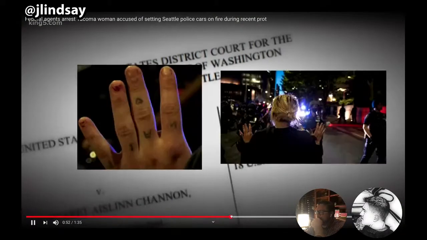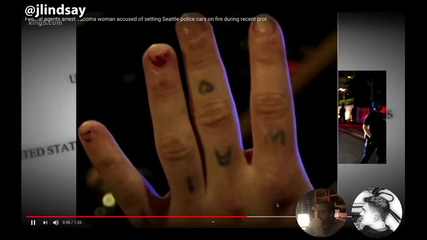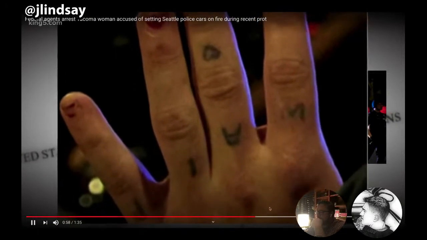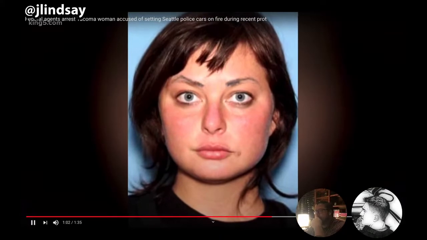I'm all for peaceful protesting that's going on right now, but the whole anarchy thing of setting things on fire and destroying property like that doesn't solve anything. According to a federal criminal complaint, the arsonist has a tattoo on her hand that says WAIF. Agents searched for matching tattoos in the missing persons database and found Margaret A. Channon, missing out of Texas with a distinguishable WAIF tattoo on her left hand.